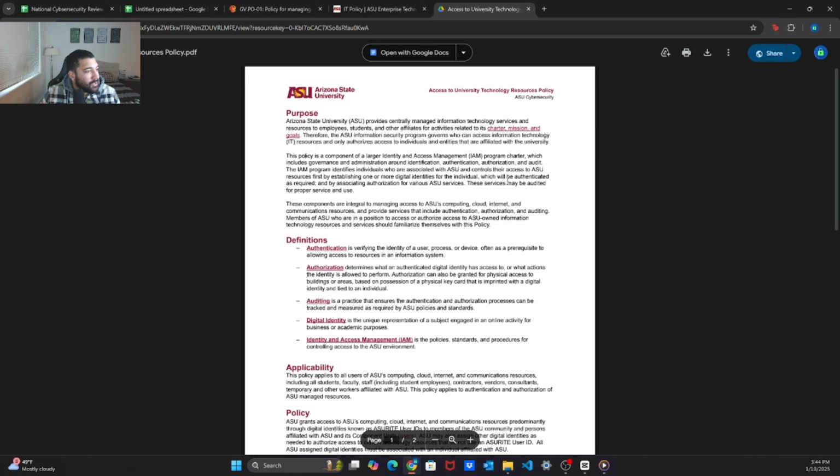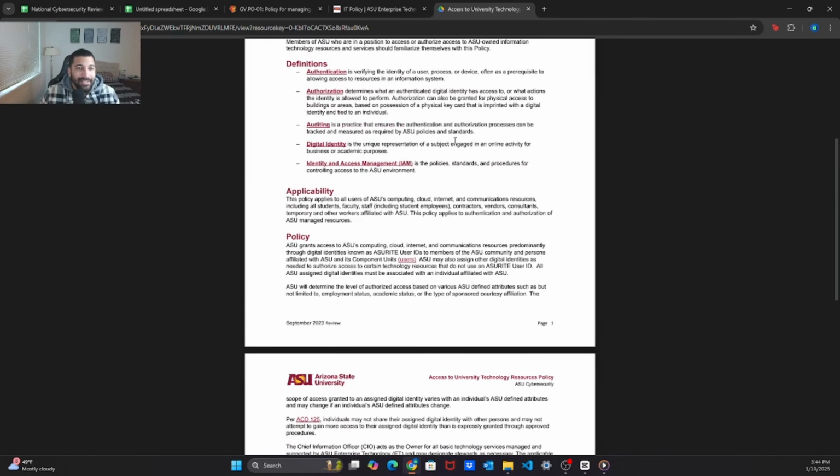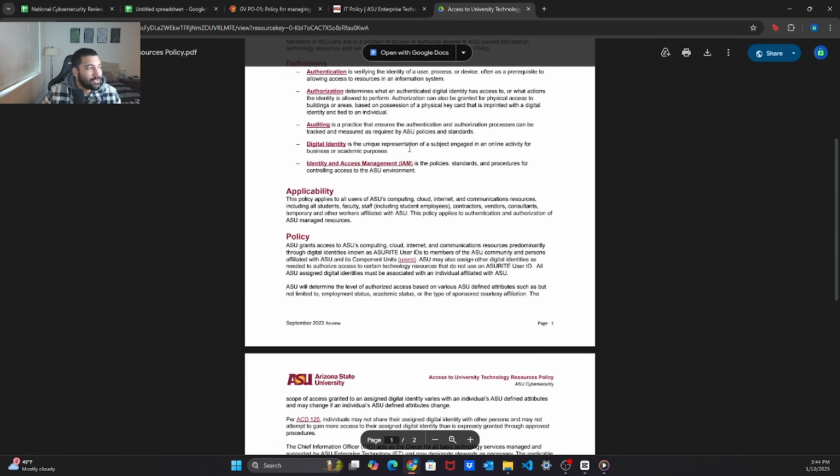And as we can see here, it gives us definitions, the purpose of it, which if we read through it, it says Arizona State University, ASU, provides centrally managed information, services and resources to employees, students, and other affiliates. But essentially, the policy doesn't say exactly this is a physical devices policy, but that's essentially what this is.